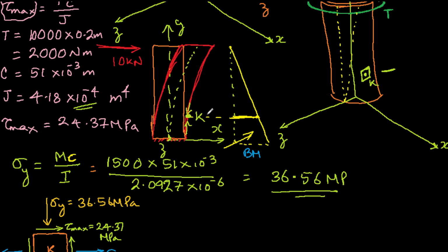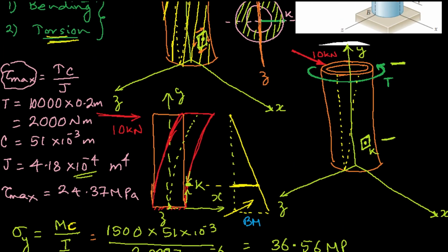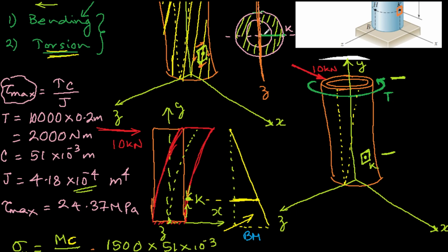Moreover, if you see the distribution of this shear stress across the cross section of this annular thing, you should know that the distribution of shear stress is going to be 0 at these 2 points. It will be something like this: 0 over here, then it will increase, and then it will decrease.